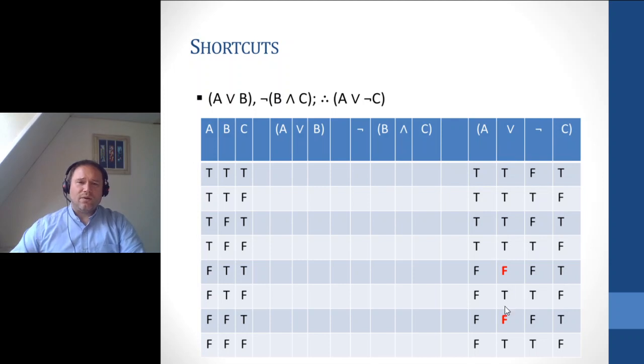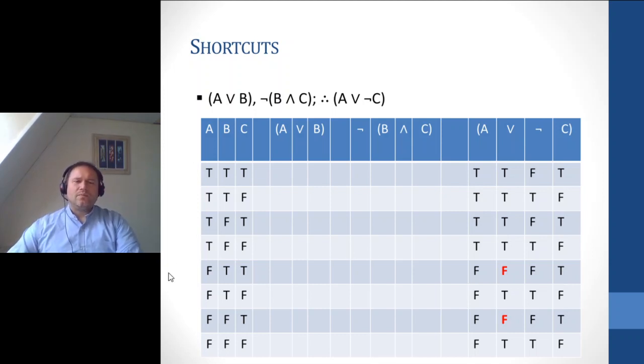So we found the valuations, and in fact the only valuations, where the conclusion's false. And we're now going to try and see if on these two we can make the premises true. If in either one of these two, both premises are true, we'll know the argument's invalid. And if in both of these, it turns out that at least one of the premises is false, then we'll know the argument's valid, because these are the only times when the conclusion's false.